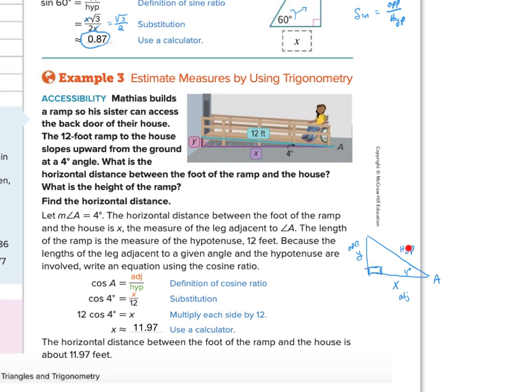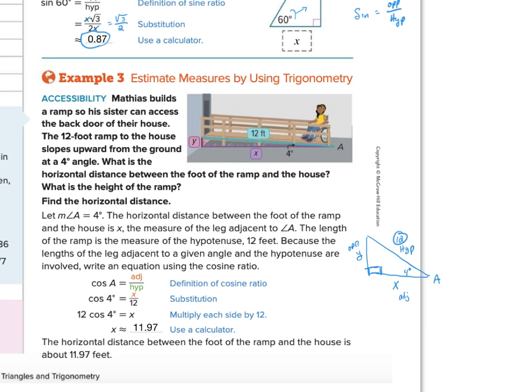So when I'm trying to find y, I need to use something that uses the opposite. When I want to find x, I need to use something that uses the adjacent. So the cosine of A is going to be the adjacent over the hypotenuse. And they did tell me my hypotenuse is 12 feet.